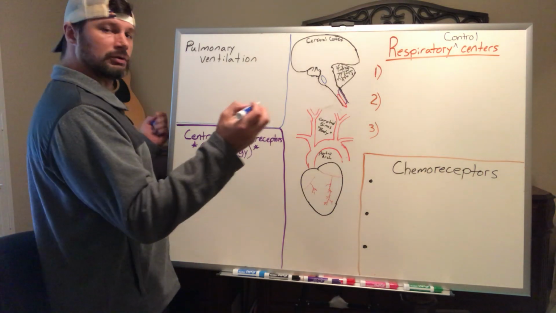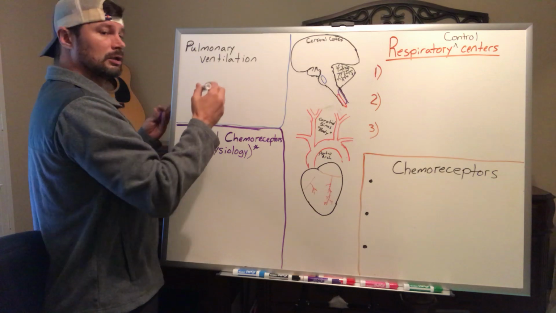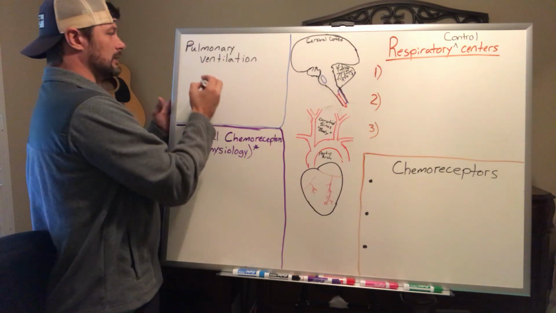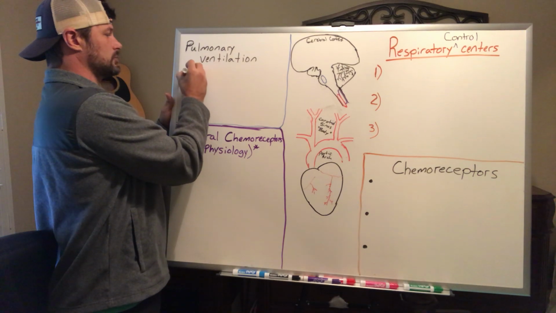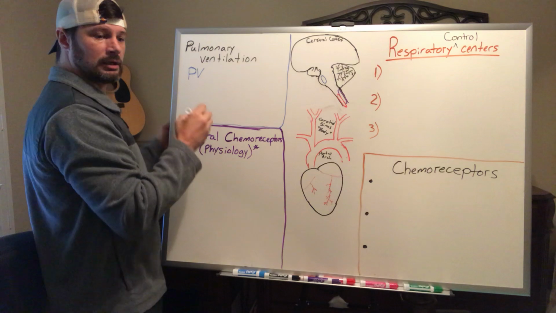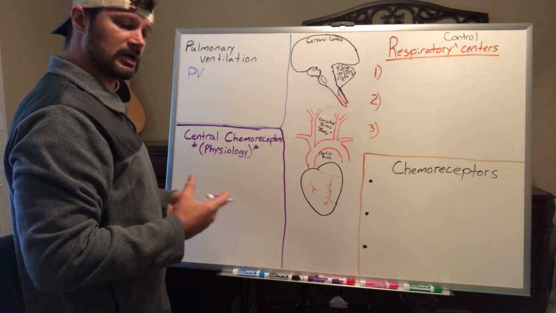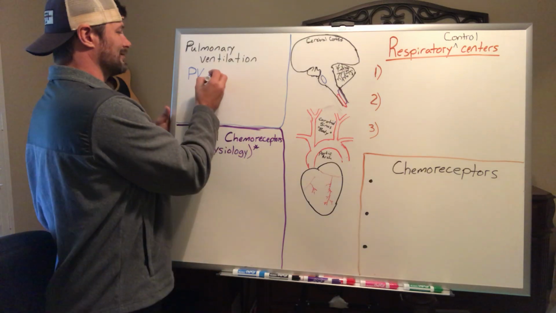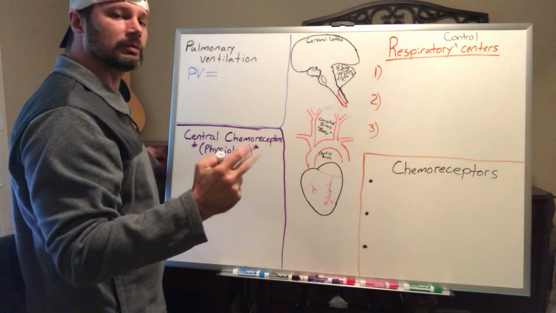In order to do that, we have to try to define these different words, right? So, the volume of air entering and exiting our lungs is called pulmonary ventilation. So we're going to go ahead and write PV. And we're going to say that PV, the volume of air that can enter and exit our lungs, is actually going to be equal to two variables.